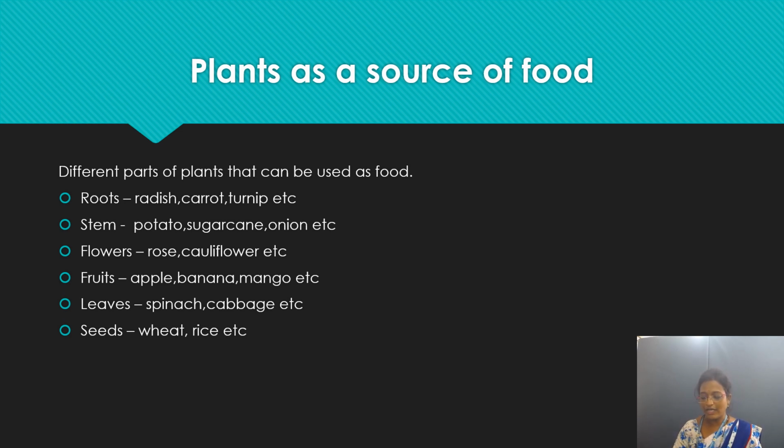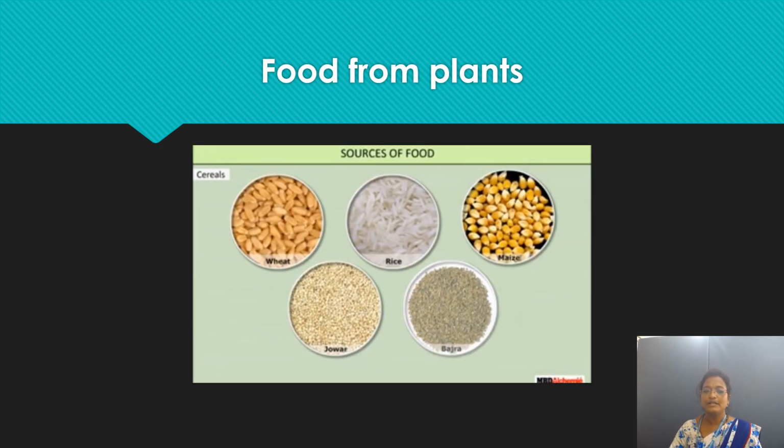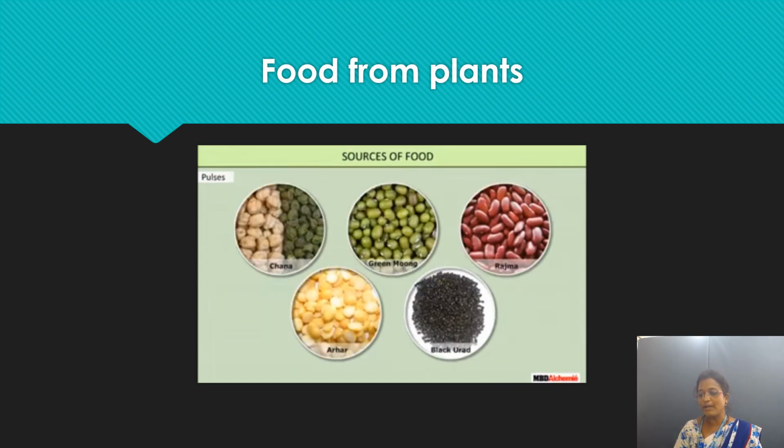So these are the things which we get from plants. Now we will move forward and see the sources of food which we get from plants. Here are cereals. You can see a variety of cereals: wheat, rice, maize, jowar, bajra. We get these cereals only from plants. Even pulses we get from plants, isn't it?